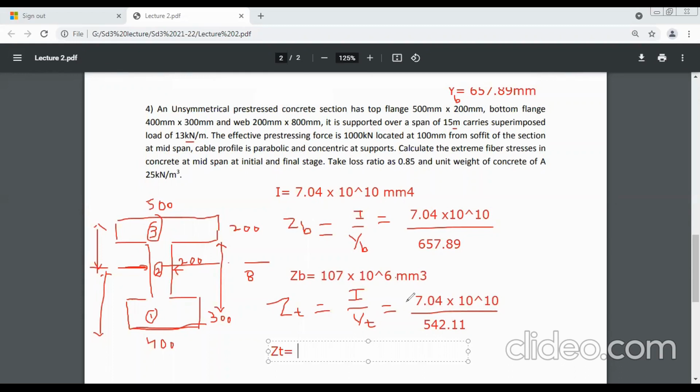This value is 642.11. Now tell me how much ZT.